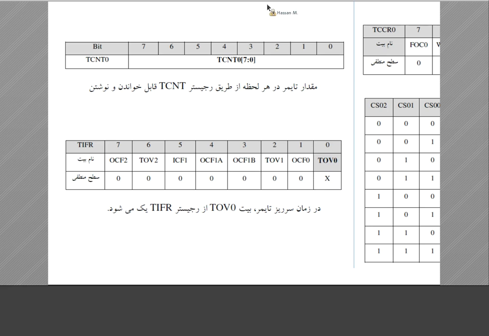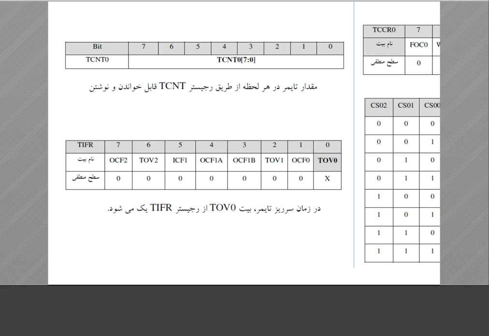That's right. For example, we are counting from 0, 1, 2, 3, 4, and go to 255. This is the top of the 8-bit timer, and after it we return back to 0, and at this time the timer overflow flag is set by the timer controller.